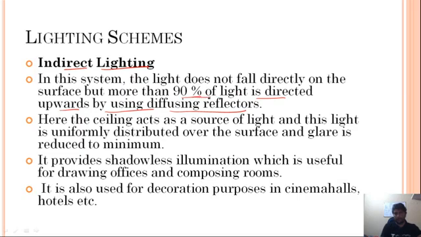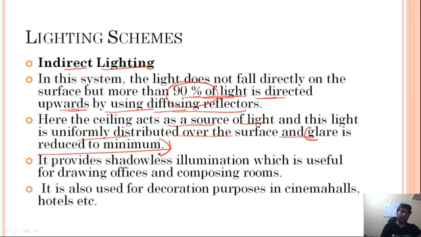So here 90% of the light is directed upward by using a diffusing reflector. Here 90% is very much important data. So the ceiling acts as a source of light and this light is uniformly distributed over the surface and glare is reduced to a minimum. So these lines are very much important.